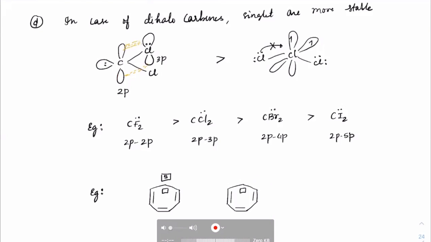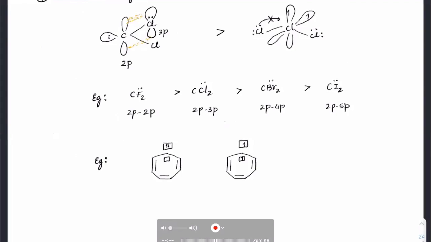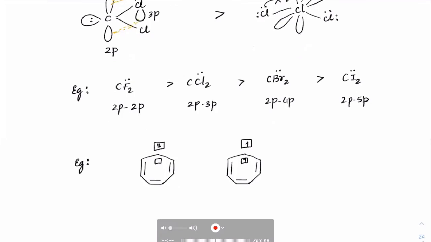Triplet form as in it has one electron here and one electron here, correct? If there is an empty orbital, definitely these 3 pi electrons will keep completing the ring current and make it aromatic, which is not the case in triplet form. So hence, to attain the aromaticity, the singlet form would be more stable. Got it? So this gets this 6 pi electron loop, which will make it aromatic.